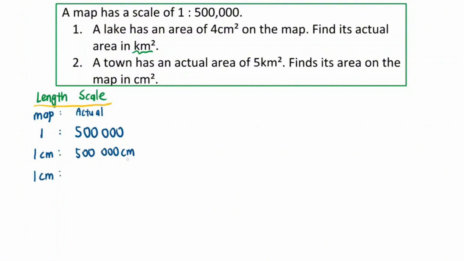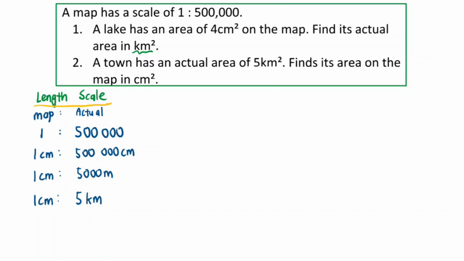The 500,000 cm, if we divide by 100, we should get 5,000 meters. And then we divide this 5,000 meters by 1,000, we should get 5 kilometers. So now we have the required units in the length scale to make answering this question a bit easier, which you will see in a short while.